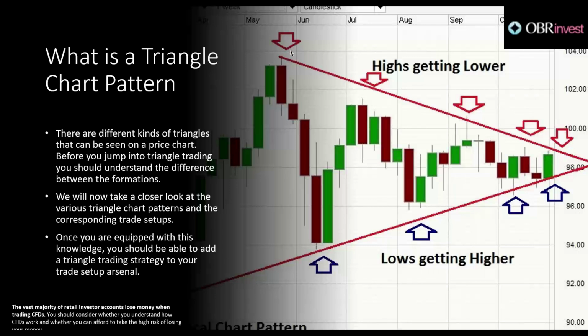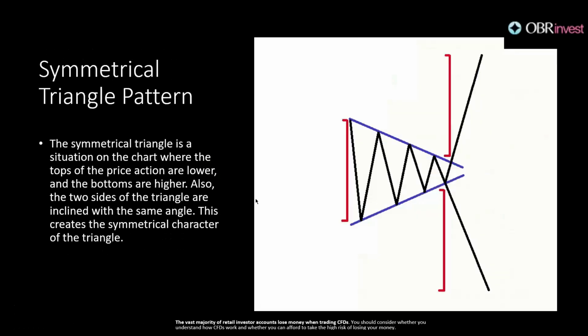As you see, both lines are converging on the tops and the bottoms of price at the same angle. Now, whether it's a symmetrical, ascending, a descending, a wedge, whatever, don't put names on it. Just say it's a triangle. Okay.